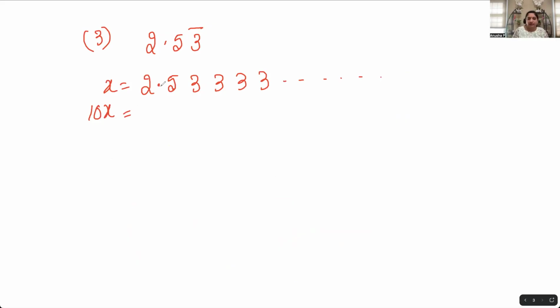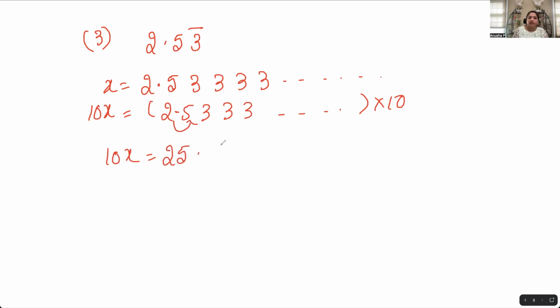When you multiply by 10 on both sides, 10x is equal to, we have to jump one place to the right, 25.33333 and so on.